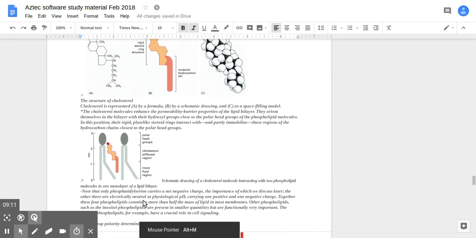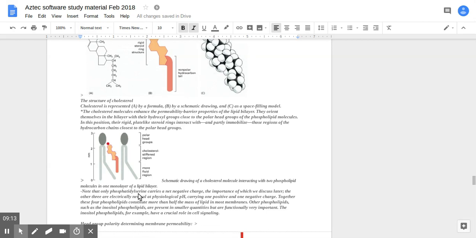As a note about phospholipid molecules, phosphatidylserine, which is one type, carries a net negative charge. The other 3 types of phospholipids are electrically neutral at physiological pH, carrying 1 positive and 1 negative charge, which neutralize each other.